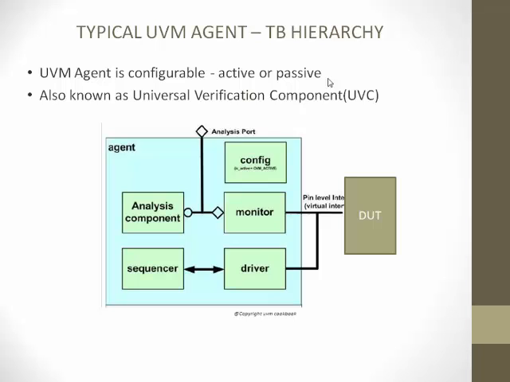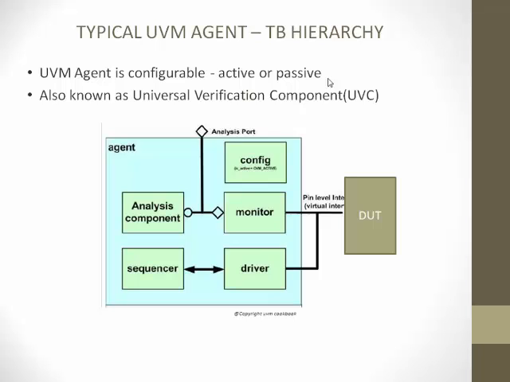But what you would need is the monitor. So by making it passive, you could still reuse the same UVM agent without having to modify any of the existing code. All you need to do is control it at the knob level. You just have a knob, and you enable or switch off the knob. That's the biggest advantage of the UVM agent.